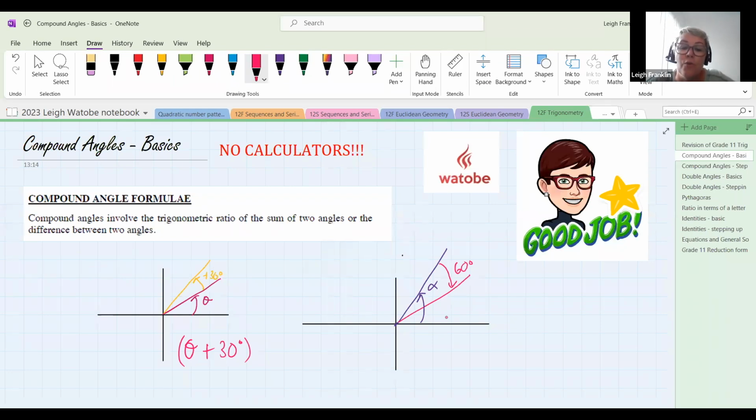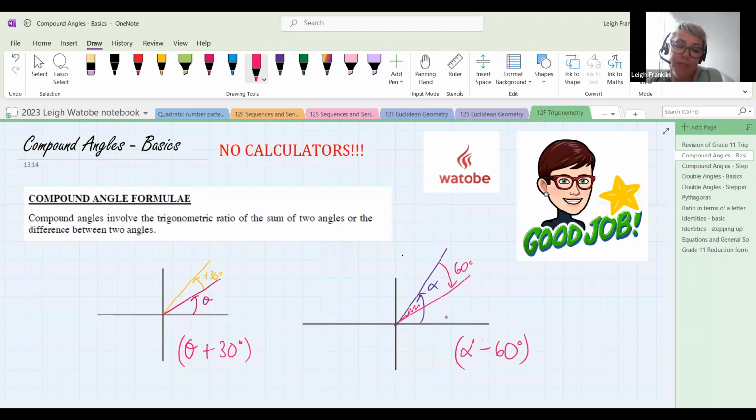That would be this angle in between over here, which is going to be described as alpha minus 60. So when they say a compound angle, that's what they mean: either the sum of two angles or the difference between two angles. That is what we're going to be working with.